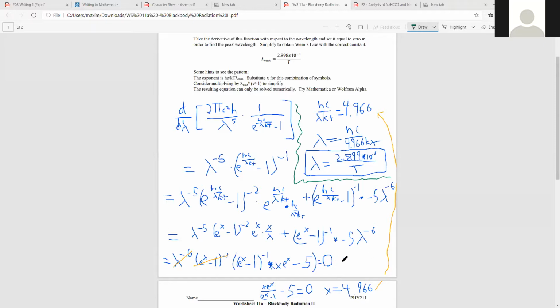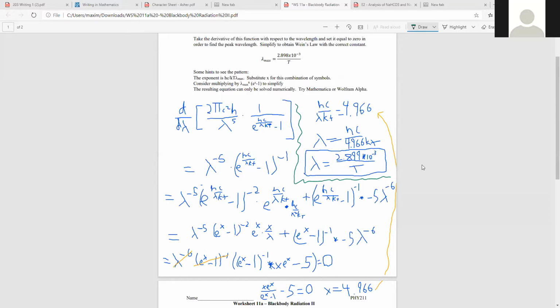Then we got that thing on the bottom, which we put into Wolfram Alpha to find the x equals something. Then we made x back into the constant so we could remember what we're even doing, and we solved for lambda, so it could be Wien's law.